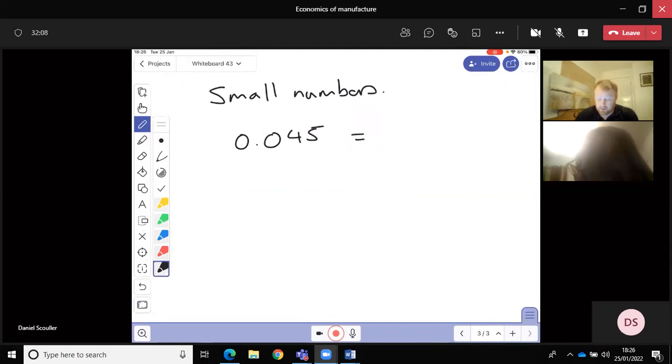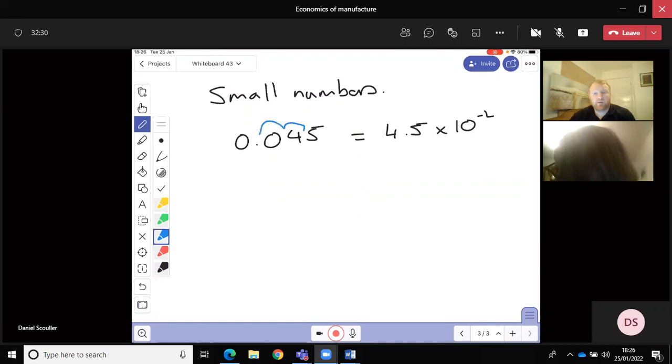So we'll express that as 4.5. We're going to write it as times 10 to, and then we're going to put a power there again, and we're going to use a negative power because the decimal is going the other way this time. So 4.5 times 10 to the negative 2 means I've moved that decimal 2 positions like that.